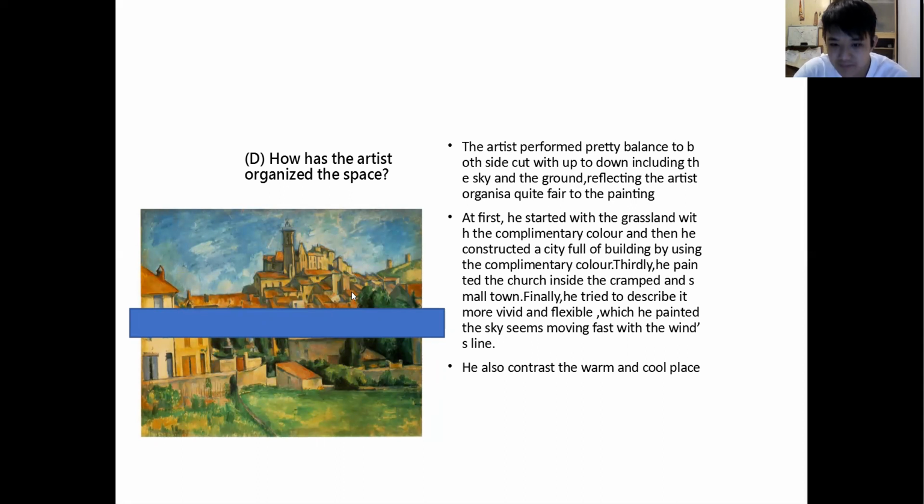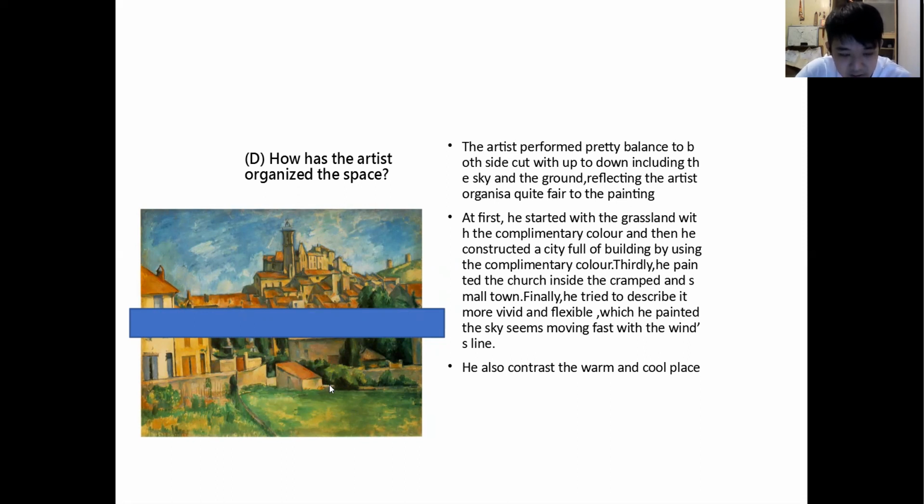And he painted the church inside the crowded small town. Finally, he tried to describe it more festively, painting the sky seeming to move very fast with the wind at night.